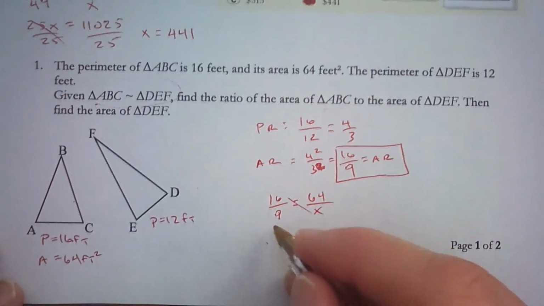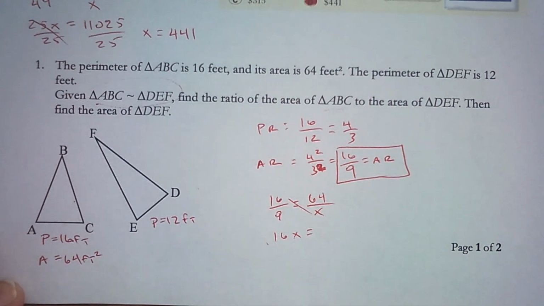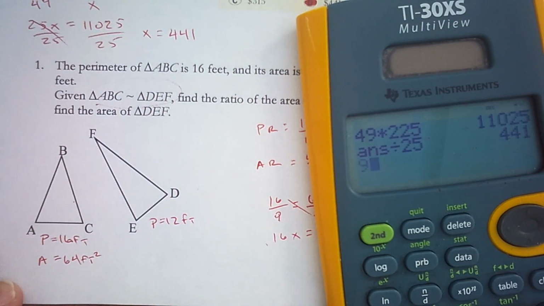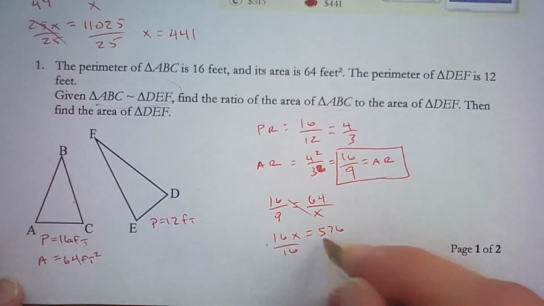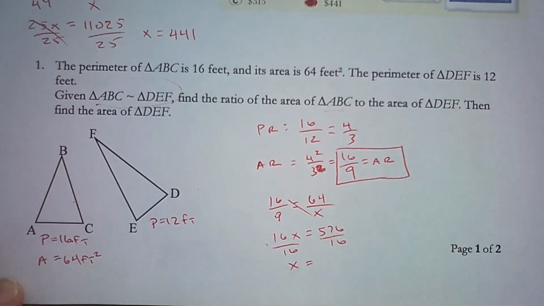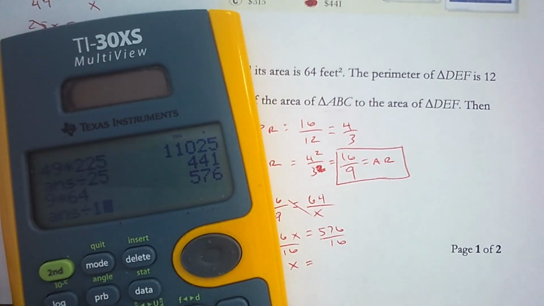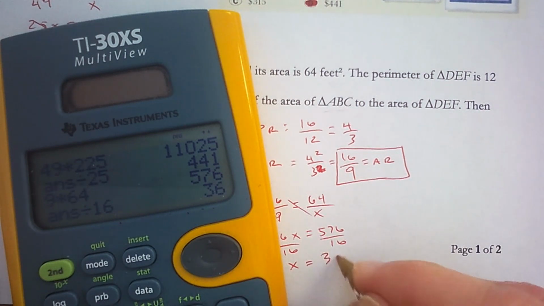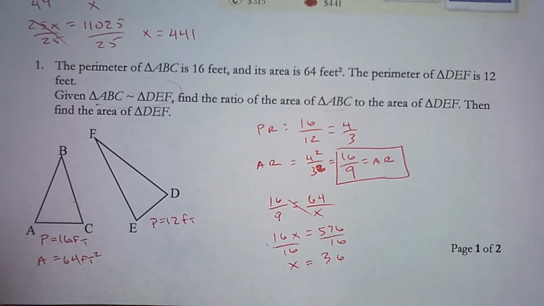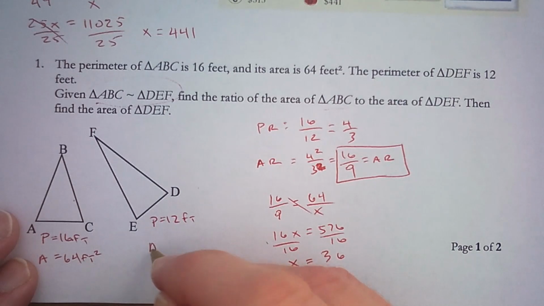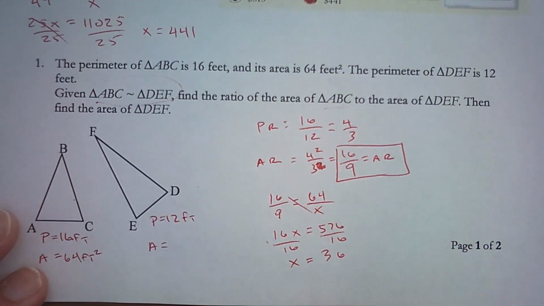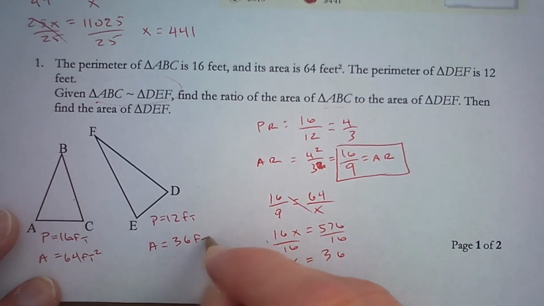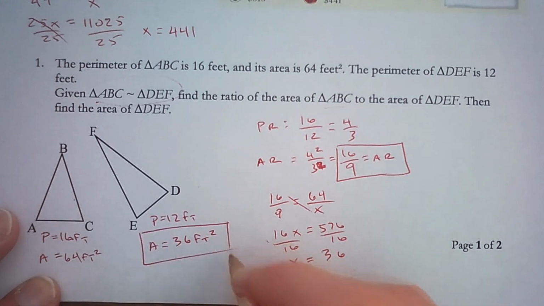So my cross products are 16x and 9 times 64, 576. And divide by 16, and we get 36. So that means that the area of this figure here, triangle DEF, is 36 feet squared.